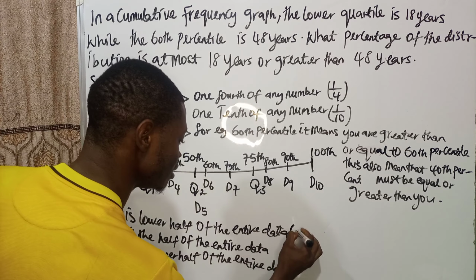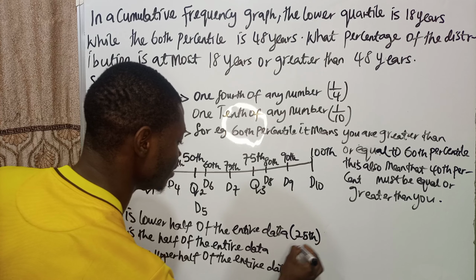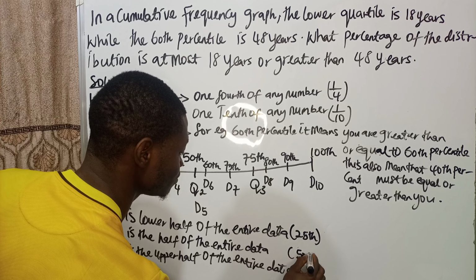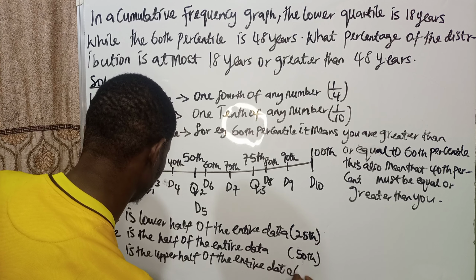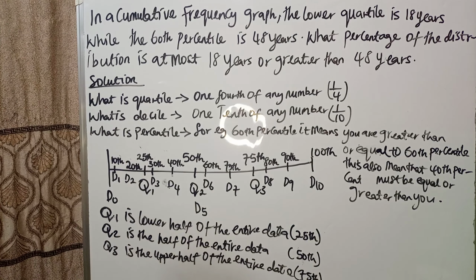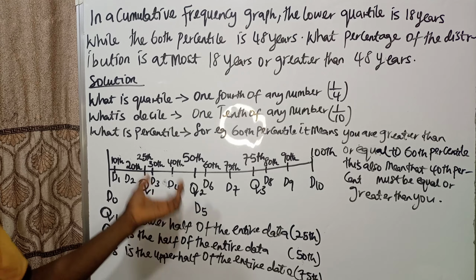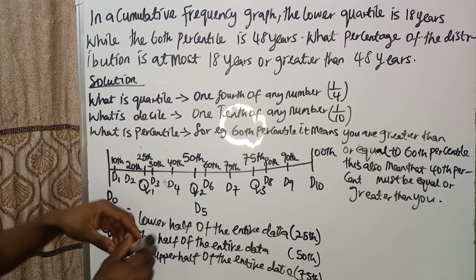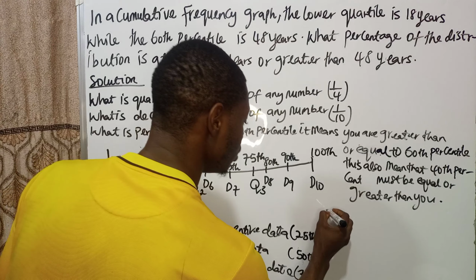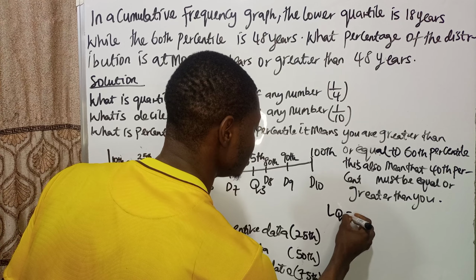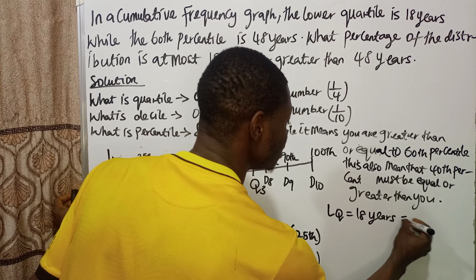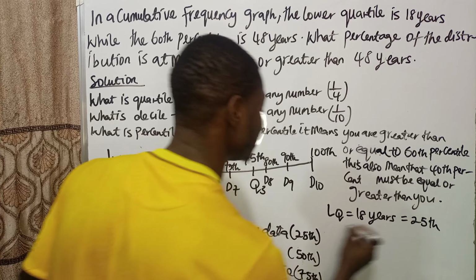Q2, let me write it, 25 percentile. Q2, 50 percentile. Then Q3 is what? 75 percentile. So without using the formula, if they tell you lower half, you know that is what? 25 percentile. So they say the lower quarter is 18 years. So lower quarter is what? 18 years, which is equals to 25th percentile.